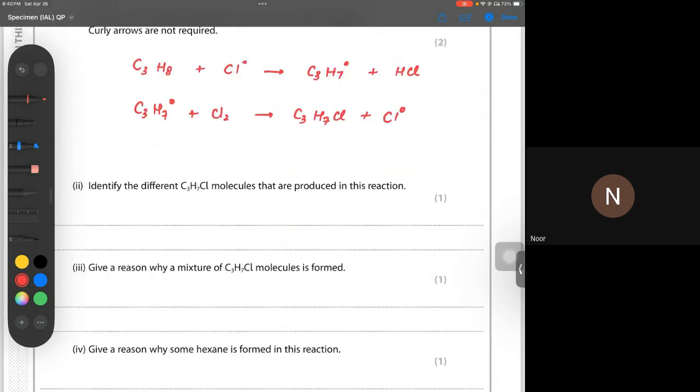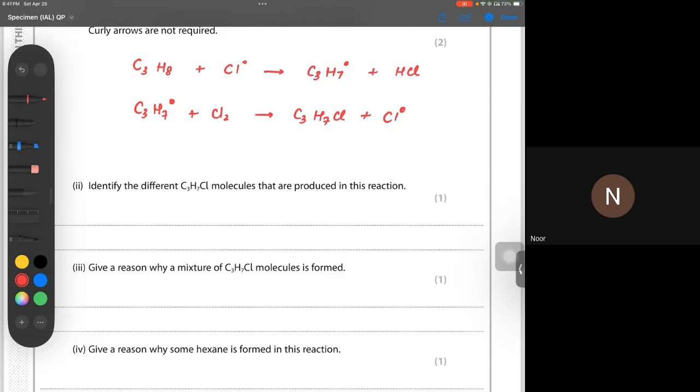Identify the different C3H7Cl molecules that are produced in this reaction. Of course, we have 3 carbon atoms, so maybe the position of the chlorine should be different.